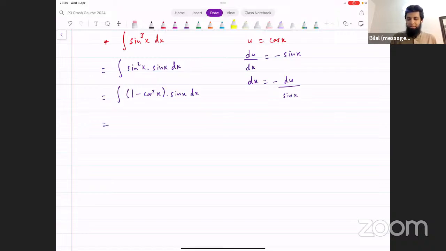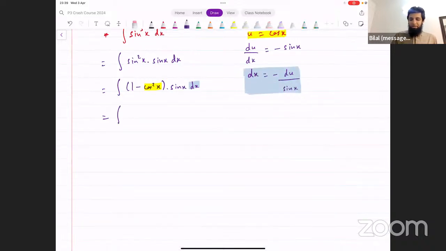You would replace cos x with u and dx with minus du over sine x. Now you can put both of those substitutions here and see what happens. It becomes the integral of 1 minus u squared into sine of x into dx. dx is minus du over sine x.